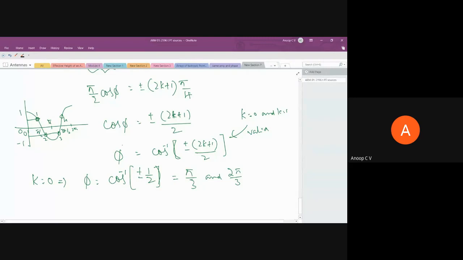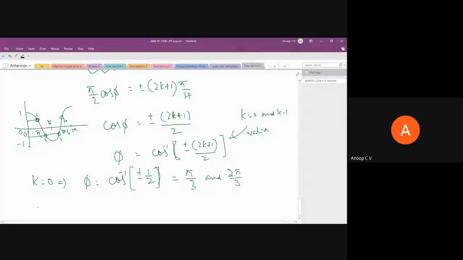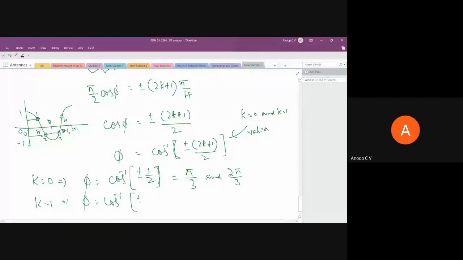That is for k equal to 0. And for k equal to 1, we will get phi equal to cos inverse of plus or minus, 1 plus 2 into 1, 2, 2 plus 1, 3, so 3 by 2. For k equal to 1, it won't be valid.